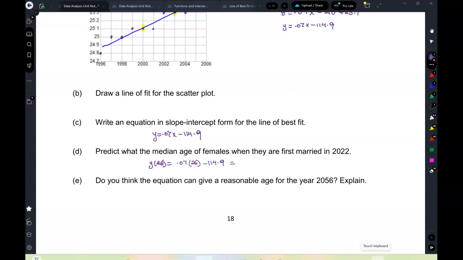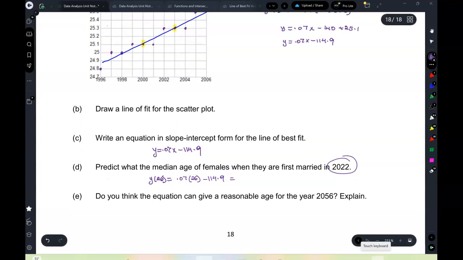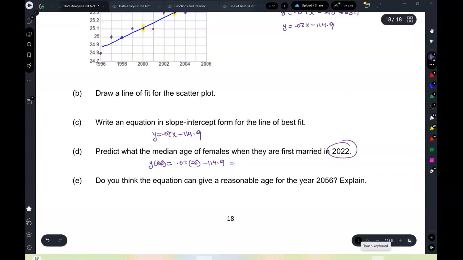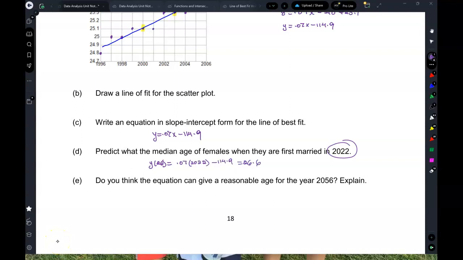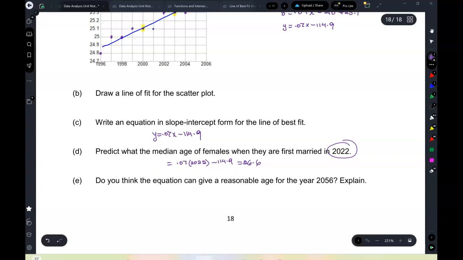What do we get? Why 26? Because it's in 2022, and our story begins in 1996. That's right, 26 years after. Negative 113. Oh boy. So we have to use the actual date. So this is y of 2022, not 26, sorry.